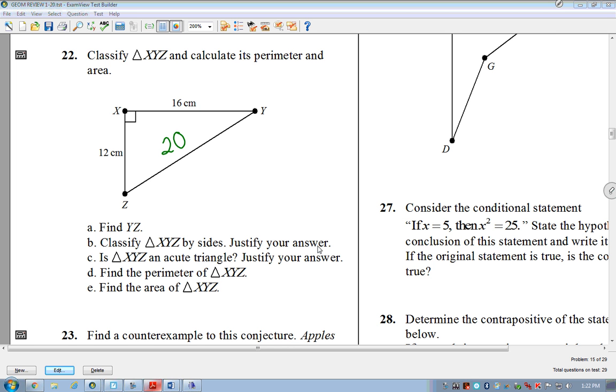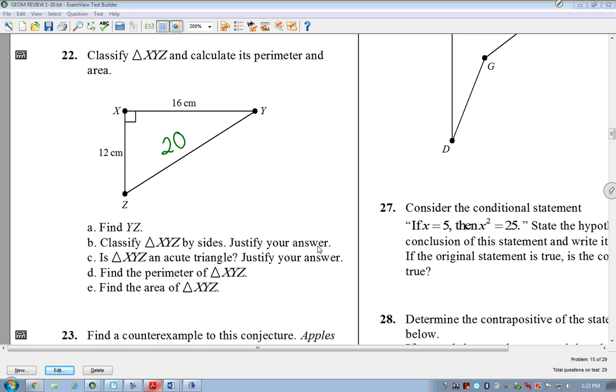Can anybody tell me what the definition of isosceles is? Zach, can you tell me the definition of isosceles? Which 2 sides on this triangle are congruent? How would I know if they were congruent? They'd have the same measure.